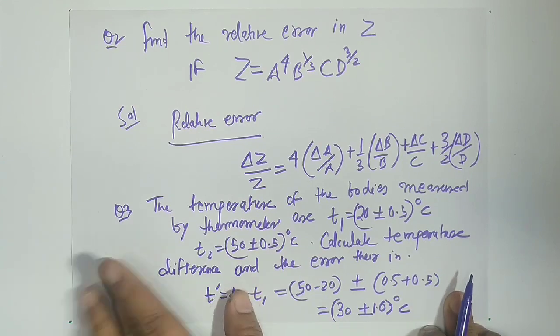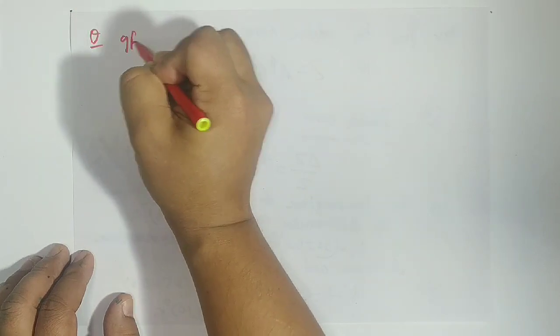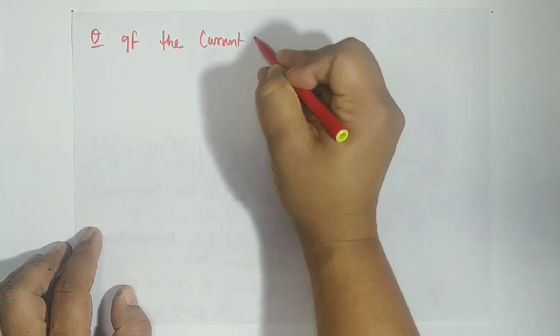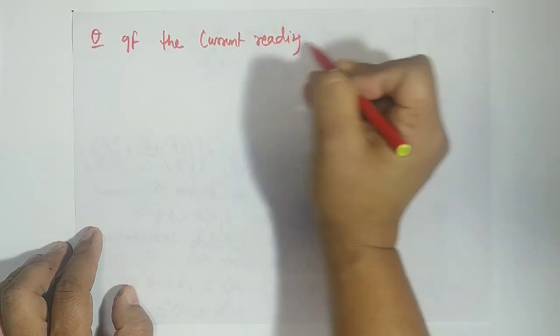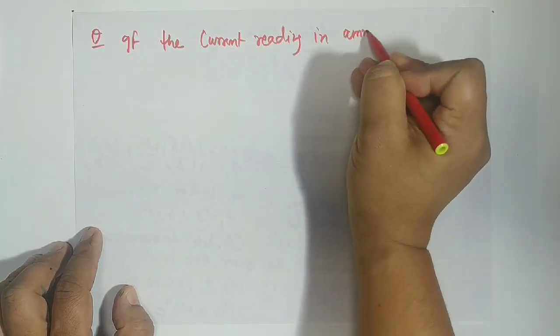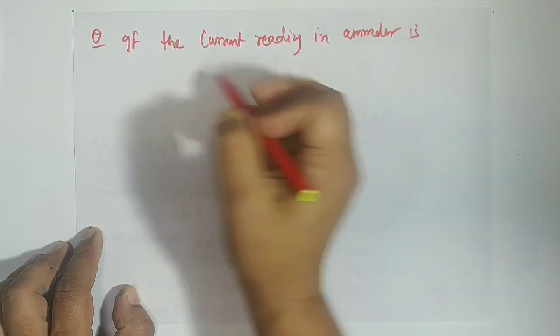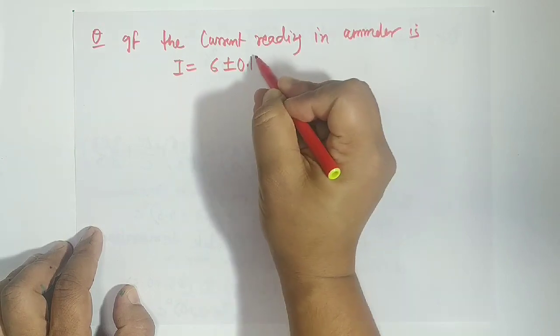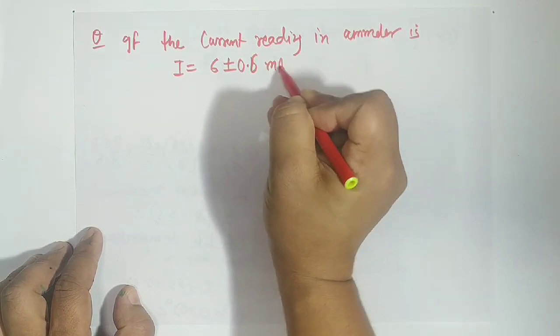I can take another important question. Suppose the current reading in the ammeter is I equal to 6 plus minus 0.1, 0.6 milliampere.